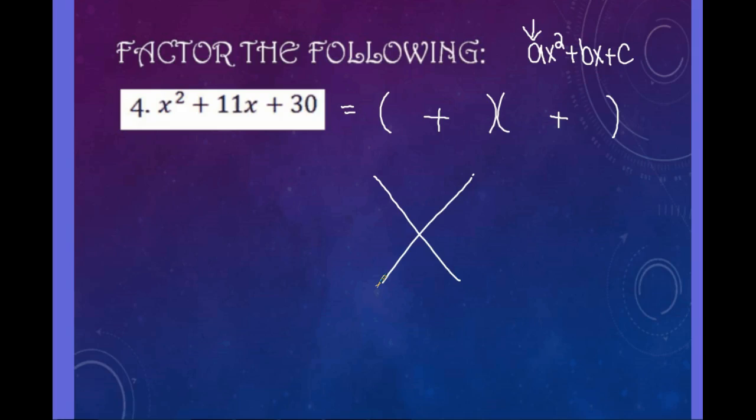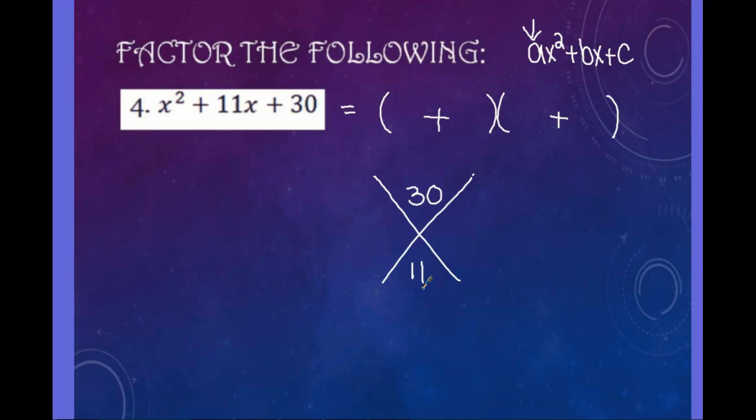So what we're going to do is put this number up top. So here's your 30, and then the number here goes in the bottom. So you have to find factors of 30 that sum to 11.